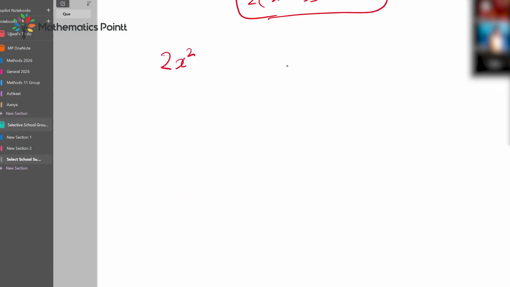2x squared plus 7x plus 3. Go for it. Last question of the day, and I give you 1 minute exactly to solve this. It's not that hard.